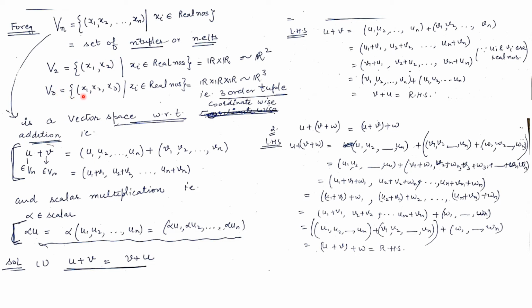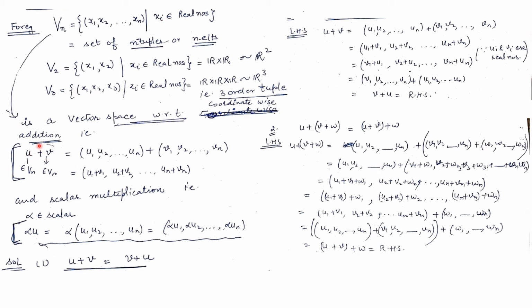V3, it means it is a space R cube, it is having 3 ordered elements, x1, x2, x3. V4 represents set of 4 ordered tuples, means x1, x2, x3, x4. So this is a representation of a set Vn. So Vn set means it is a set of n tuples, n elements, where each element is a real number, right? So this is our set.